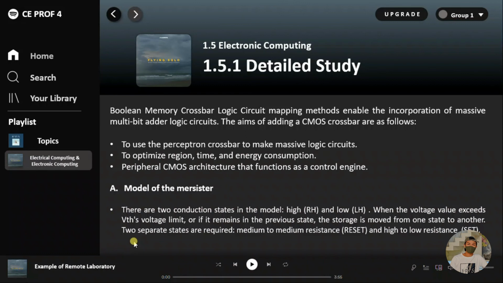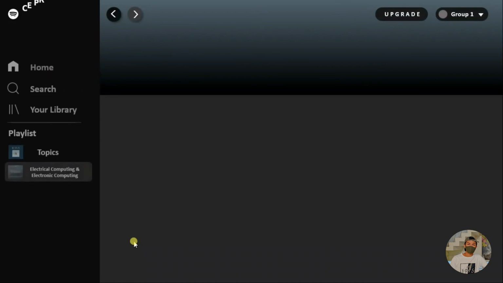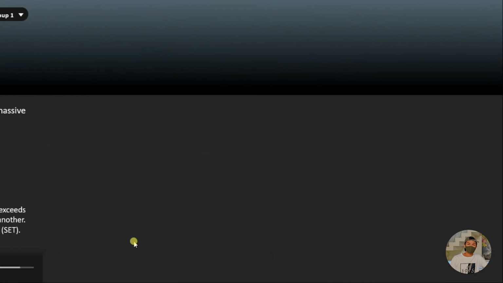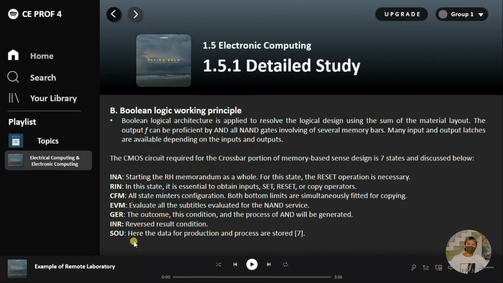Two separate states are required: high to low resistance, which is the reset, and low to high resistance, which is the set. So that is the model of the memristor.